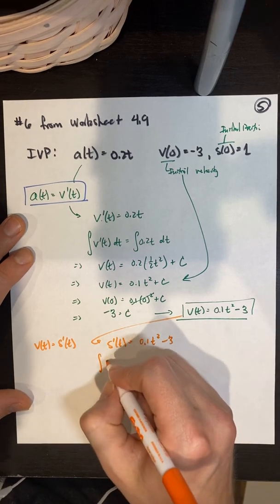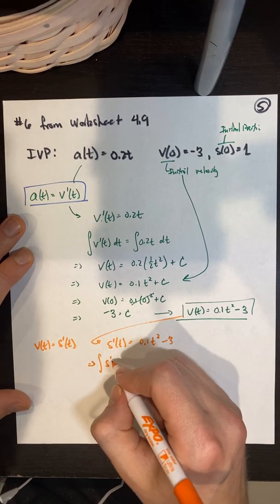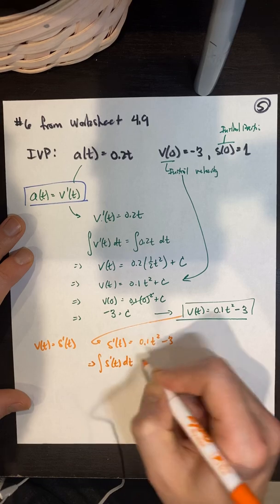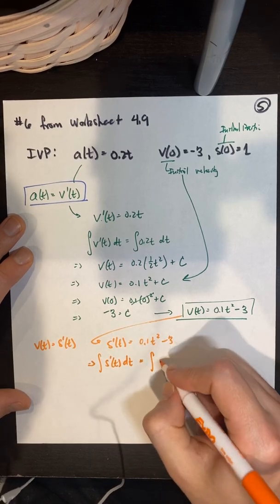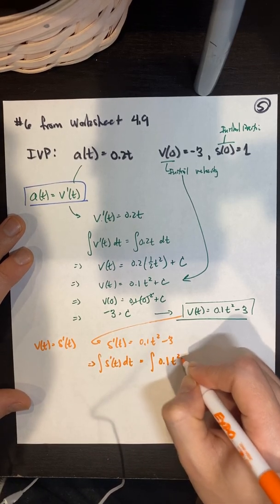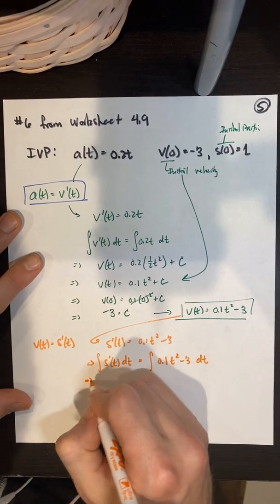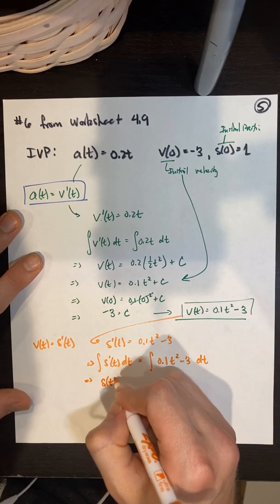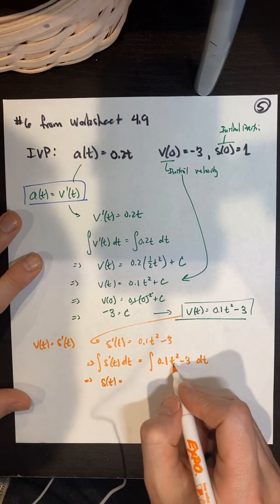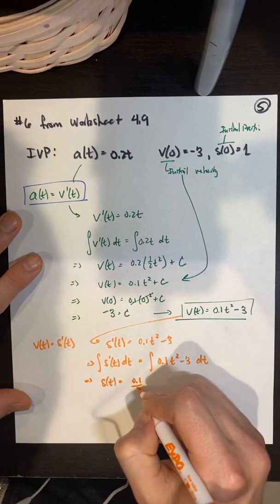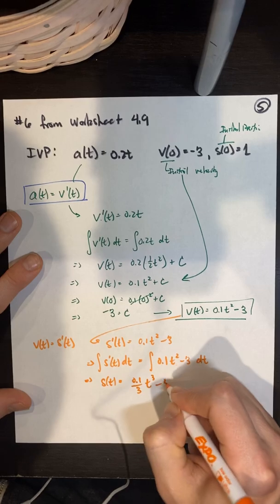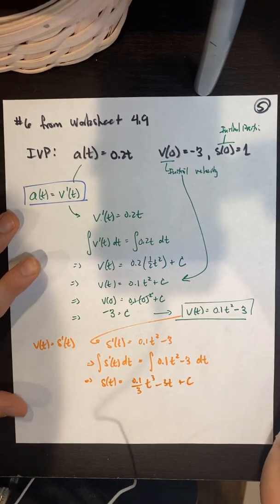And now again, integrate both sides, because how do I get rid of the derivative? Well, I find the antiderivative. So I'm going to integrate both sides of this equation with respect to t. And so I get s of t is equal to 0.1 over 3 t cubed minus 3t, plus again another constant of integration.